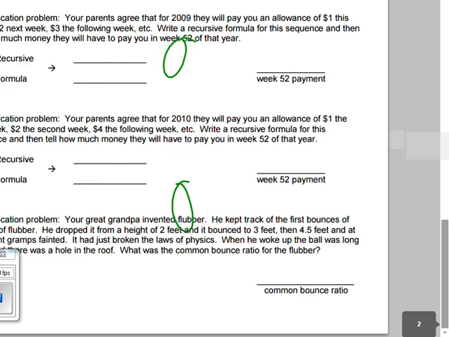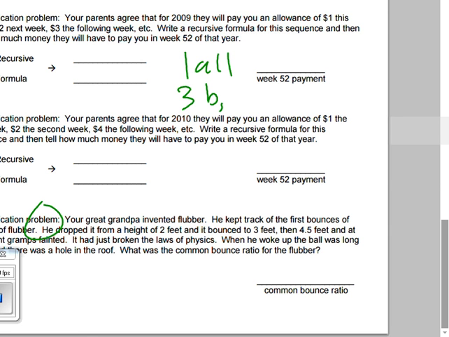I don't like number 5 and 6. I think they're kind of dumb. Kind of some really odd numbers here for you. You're doing number 1 all, number 3 B and B, and number 7.